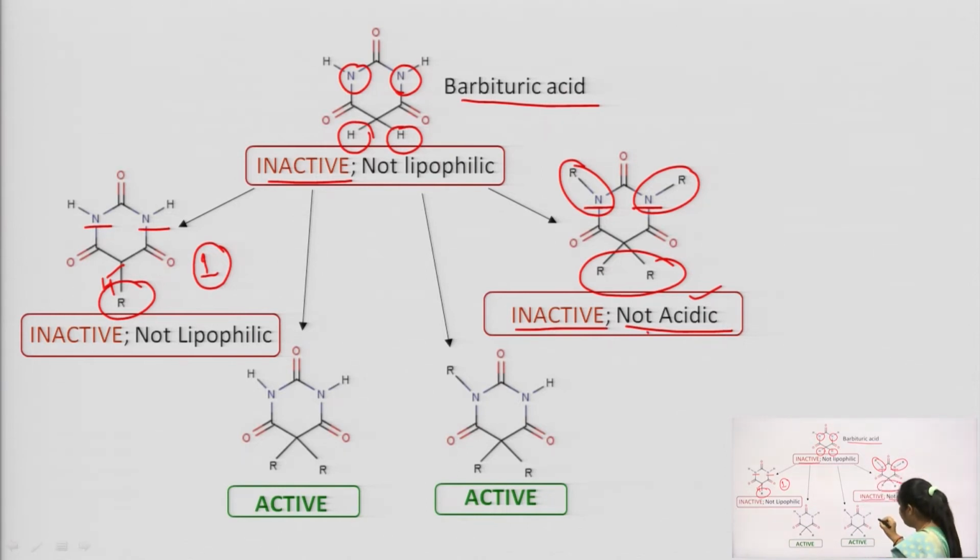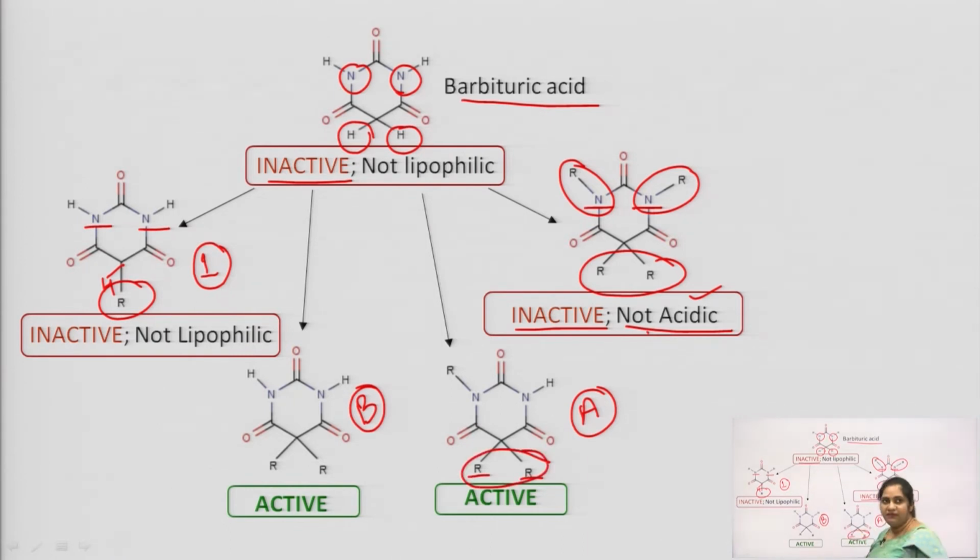Now, see the example of these two compounds, A and B. Very good, both have substitution at position number 5, means lipophilic, and at least one nitrogen atom is unsubstituted. We will prefer both the nitrogen atoms to remain unsubstituted, but if at least one nitrogen atom is unsubstituted, it possesses acidic character.